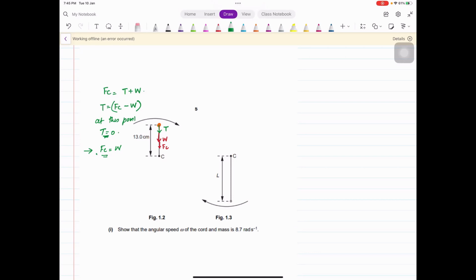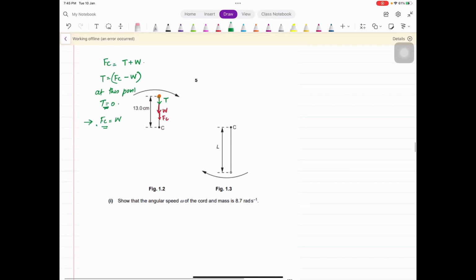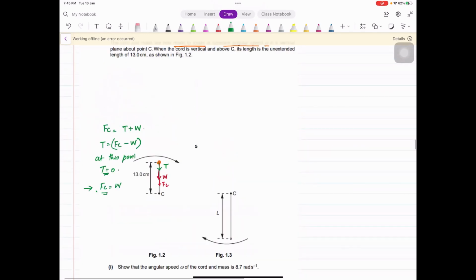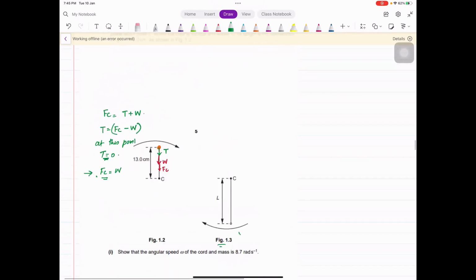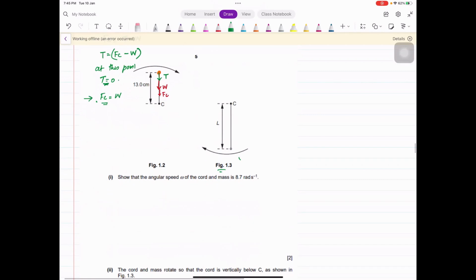Now it says, show that the angular speed, when it reaches this point in figure 1.3, fully extended, is 8.7 radians. I think we can do that.